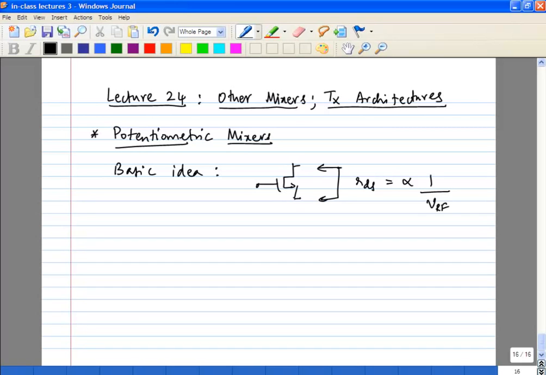VRF. So that if you look at your IDS, and if VDS is a constant, you can make this proportional to VRF.